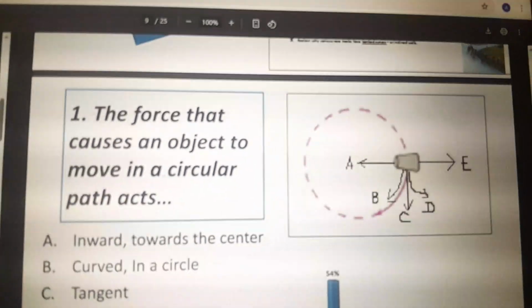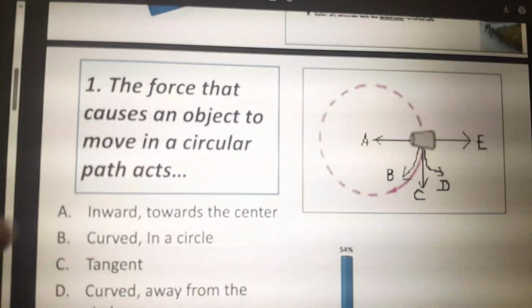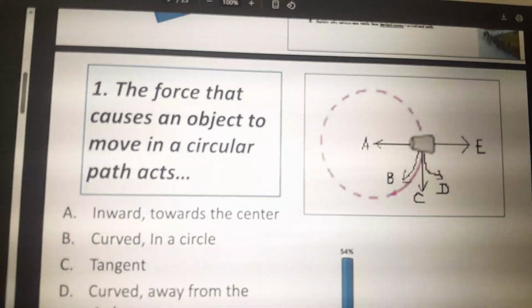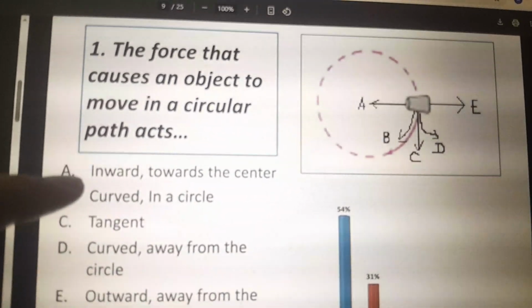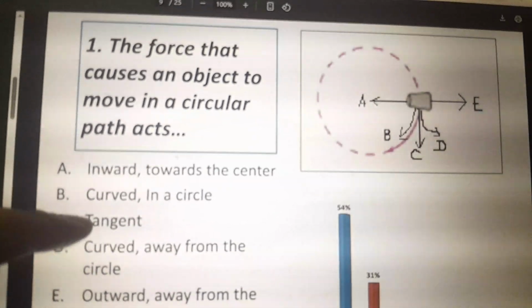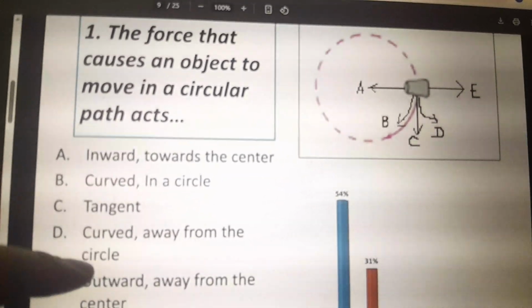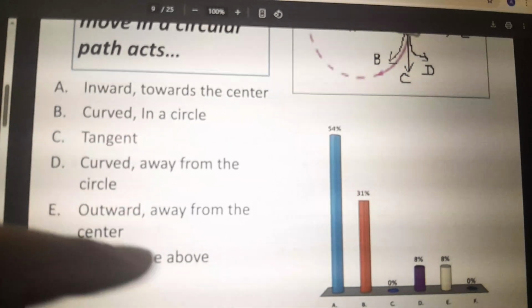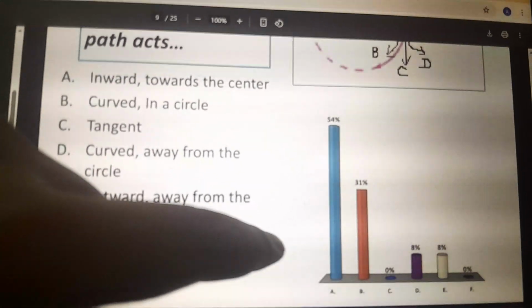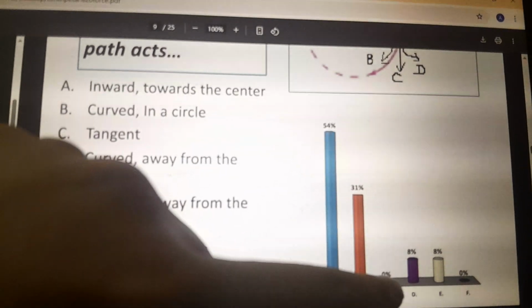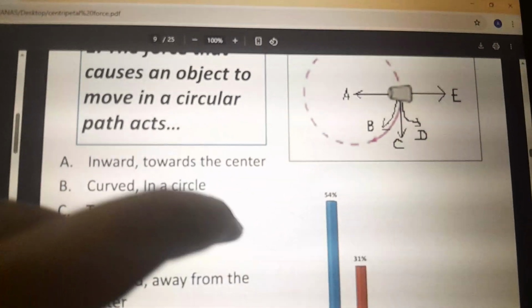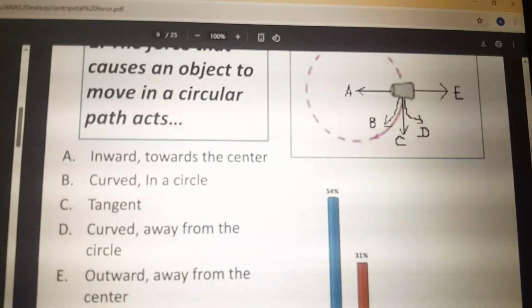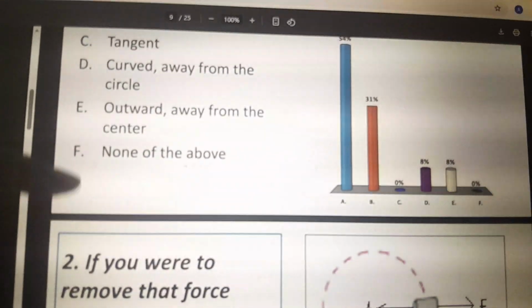The second option is curved in a circle, curved in a circle but tangent. Your direction is tangent. Curved away from the circle. This is a graph you see here, that there are very little chances of all these, but the most correct option is inward towards the center.